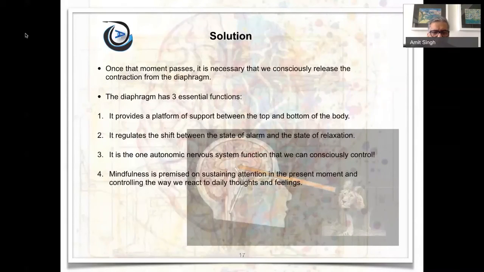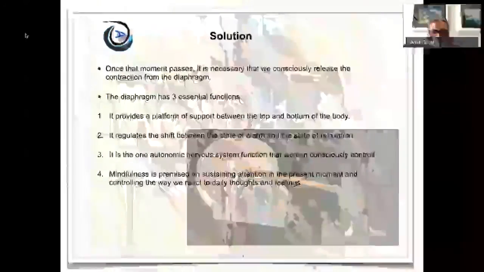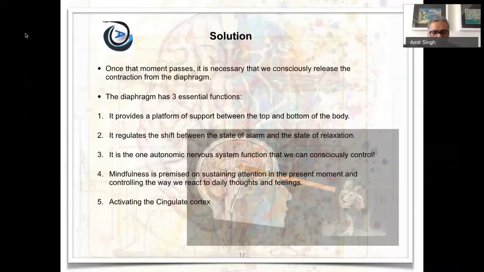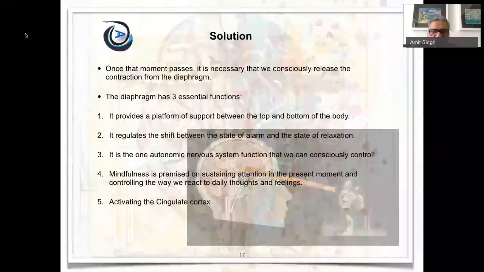Mindfulness is premised on sustaining attention in the present moment and controlling the way we react to daily thoughts and feelings. So mindfulness is basically being in the present. And breathing, deep breathing or yogic breathing, basically breathing from the diaphragm, helps you clear the clutter in your mind. Activating the cingulate cortex is the scientific reasoning for mindfulness.